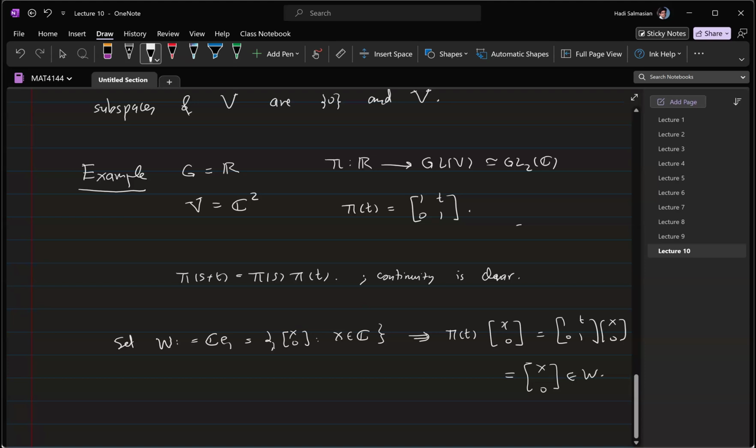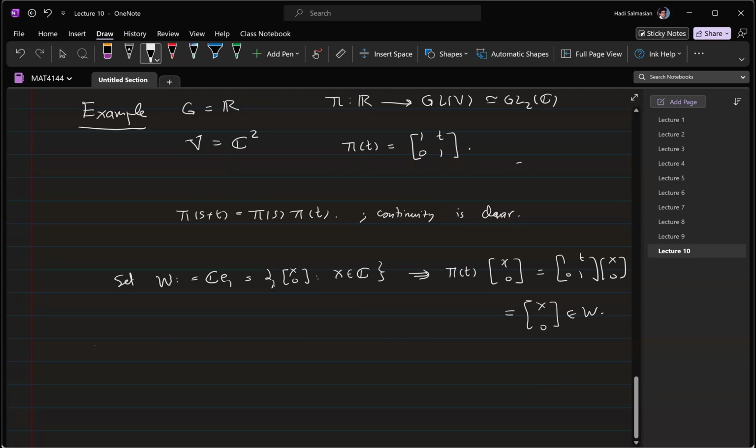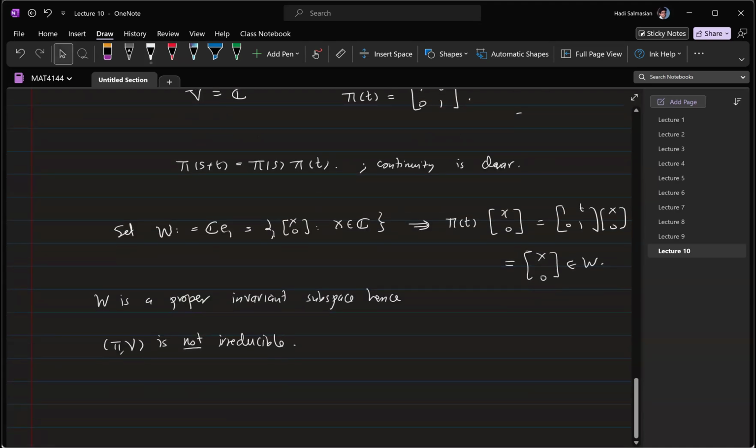So this W is a proper invariant subspace. Hence, pi on V is not irreducible.